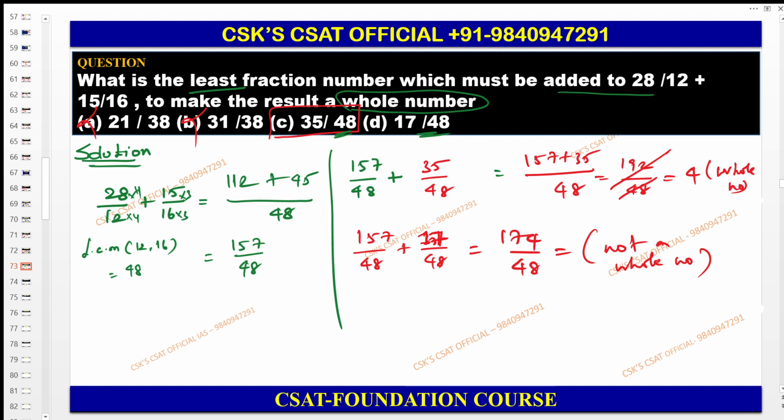Suppose you are getting the resultant as 0. Okay, suppose the second option gives you 0 as the answer, but the first one is 4. If the question is asking to make the result a natural number, then we should not take this one; we have to take that one. Understood?